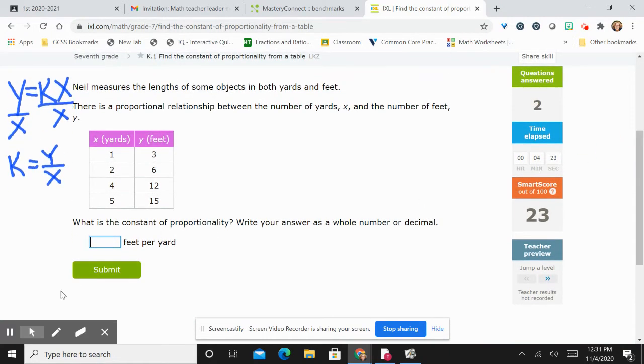All right. This time, there is a 1 there. So, how much is 1? 3.